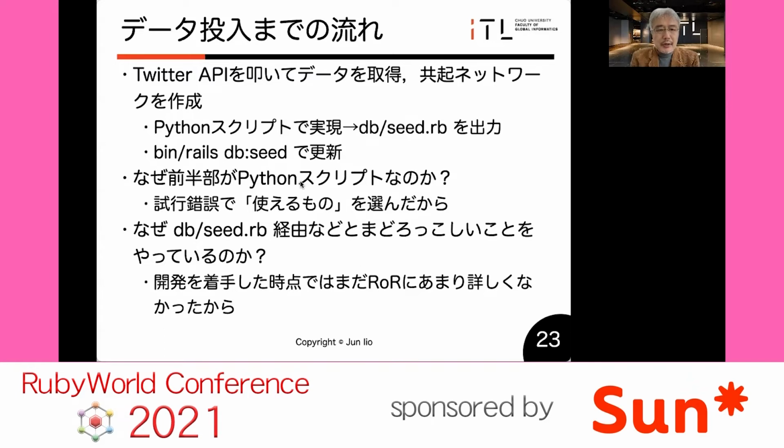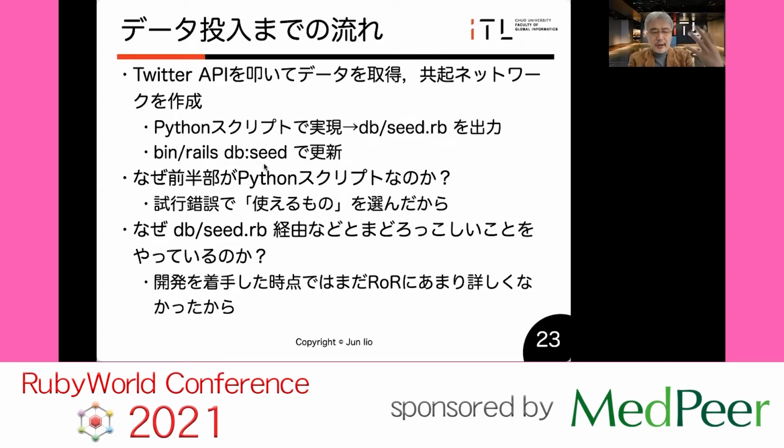So as I quickly mentioned, up to the acquisition of the data and the creation of the co-occurrence network, and as Rails application data, they're stored. The first part was written with a Python script, and it outputs to db/seeds.rb. So that's where we have data.